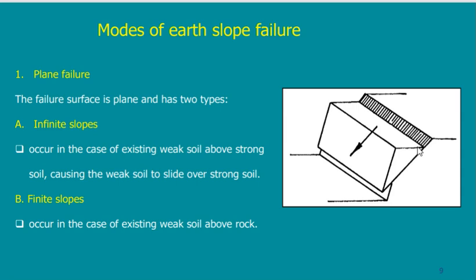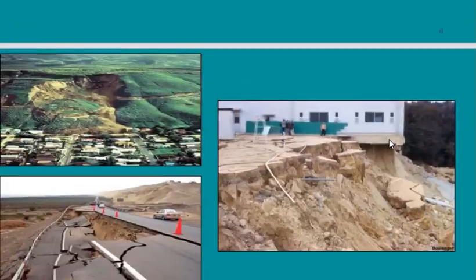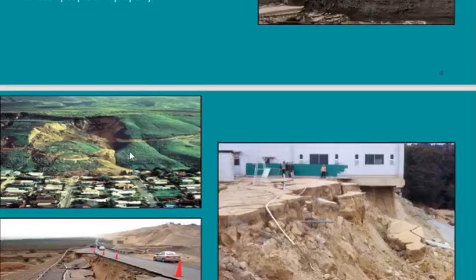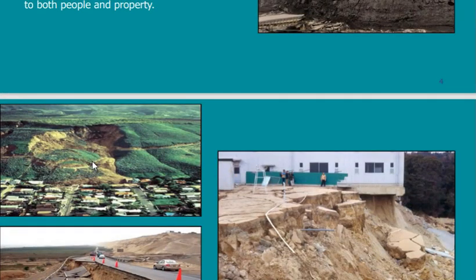In engineering problems, to solve a problem, you first have to assume what the shape of the failure will be. Of course, we have seen lots of failures, something like these photos. These are shapes of failures.